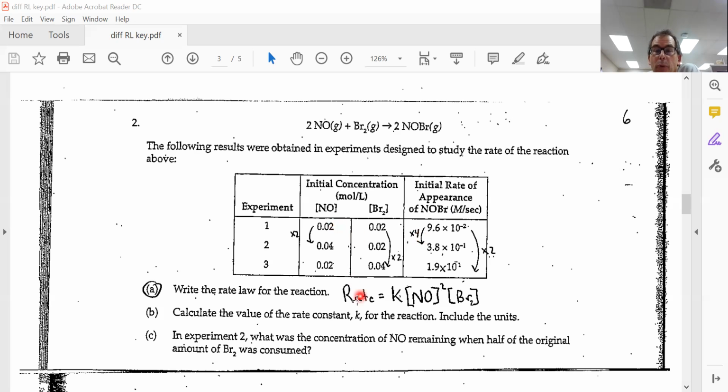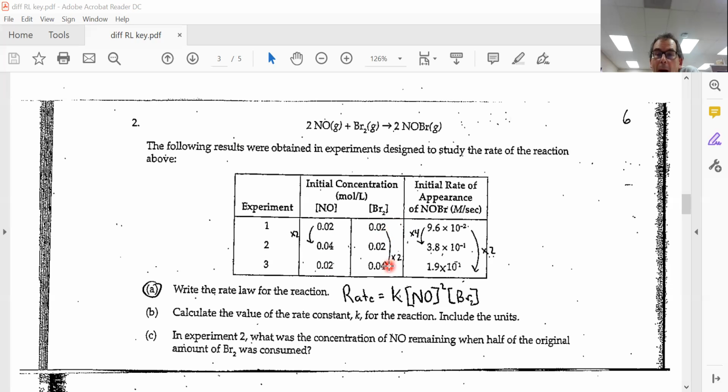So we're going to say rate equals k, NO squared, because when NO was doubled, the rate went up by a factor of 4, or 2 squared, and that squared says it's second order. In experiments 1 and 3, NO stays constant.